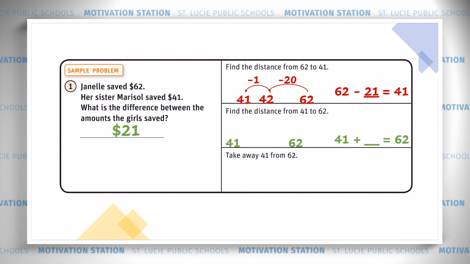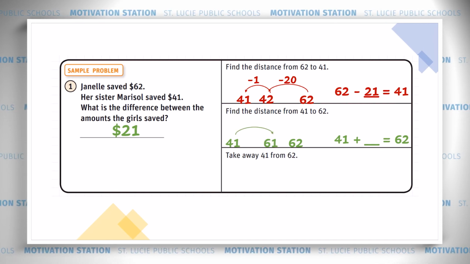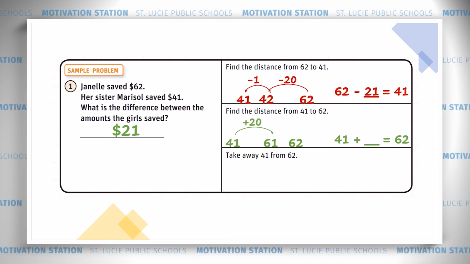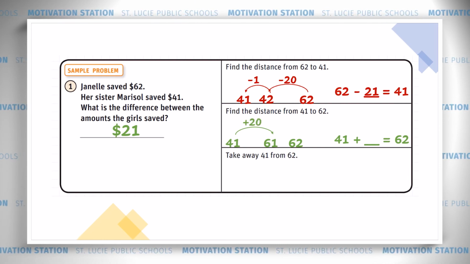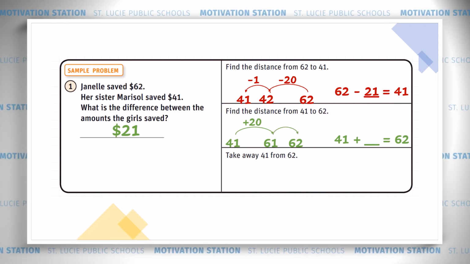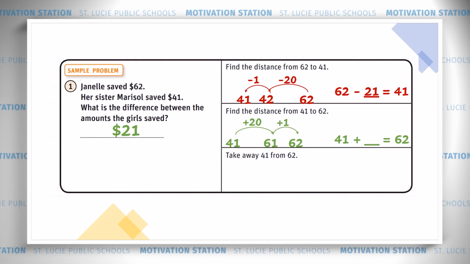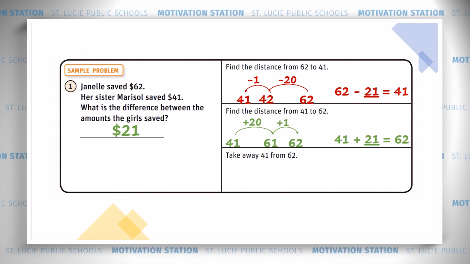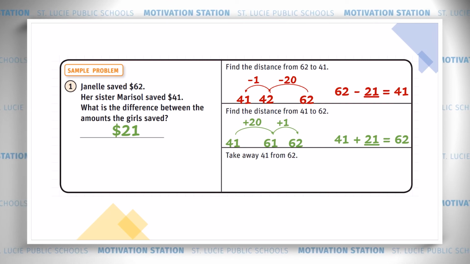Well, I could get from 41 to 61, and that would be a jump of plus 20. And then I could get from 61 to 62, which would be a jump of plus 1. My answer then is still 21. Go ahead and write that now.